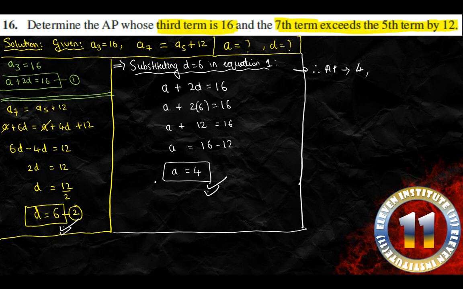Then we will add common difference. 4 plus 6 is 10. 10 plus 6 is 16. Now we can see this 16 is the third term, right? And this will move on so on. So this is our final answer, that the arithmetic progression is 4, 10, 16 and so on. Fine. I hope this is clear to you. Please pause the video and write this down in your CW.